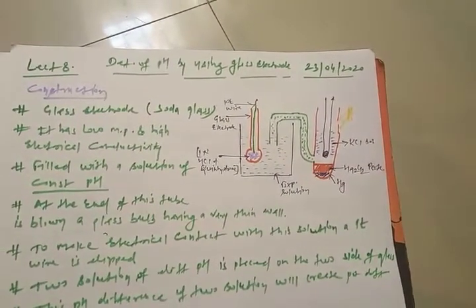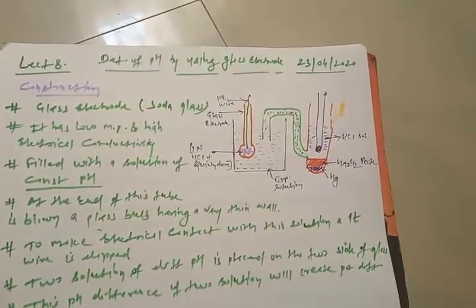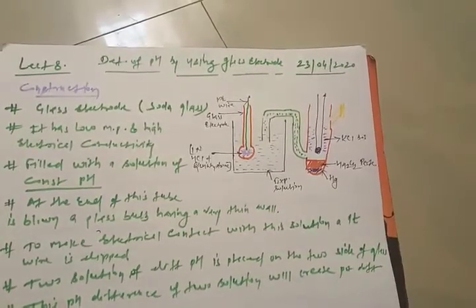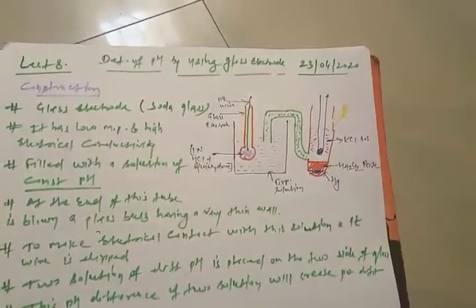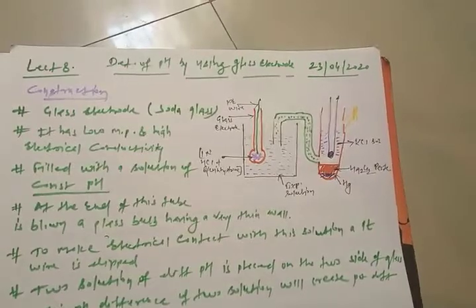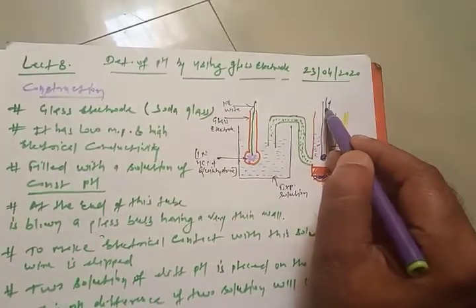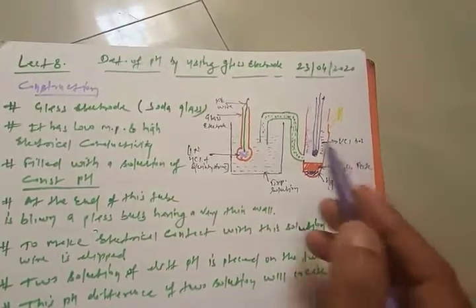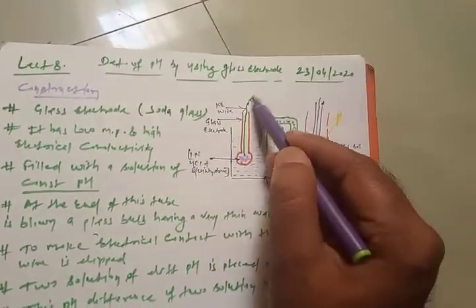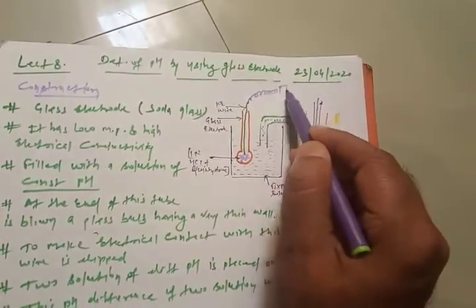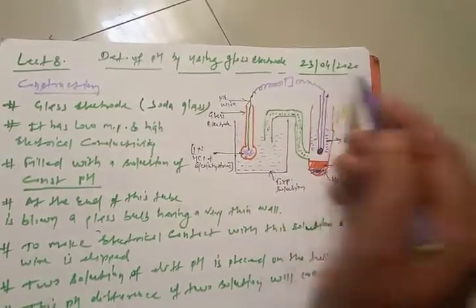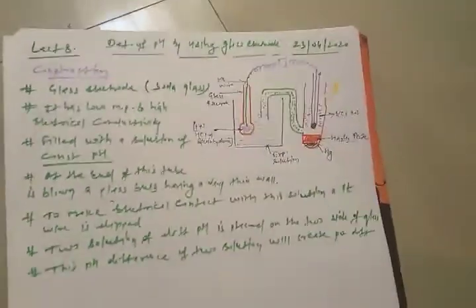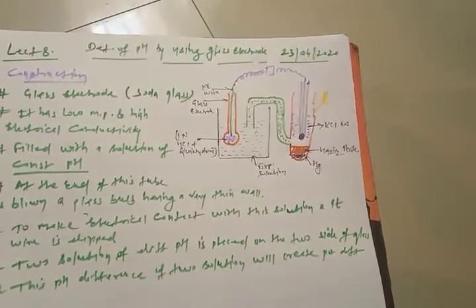Now we have two wires to connect, one to this side and another to this one. These two wires will be connected to an external potentiometer.